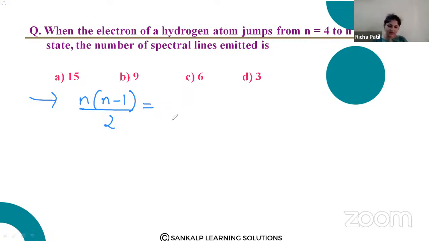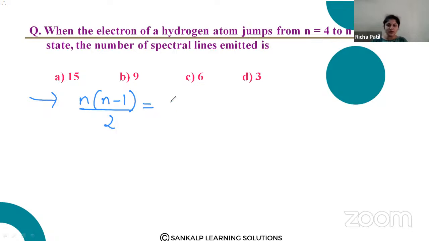So the electron is jumping from n is equals to 4 to 1, right?